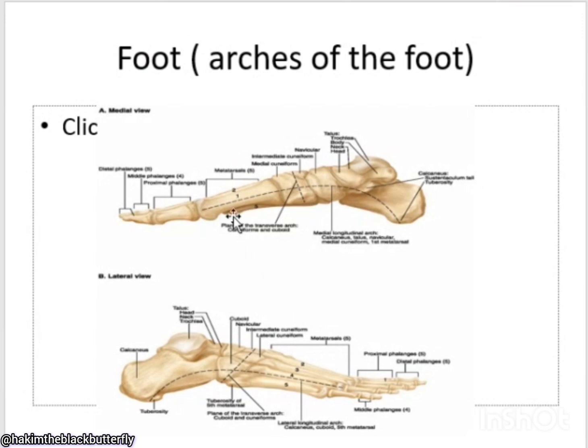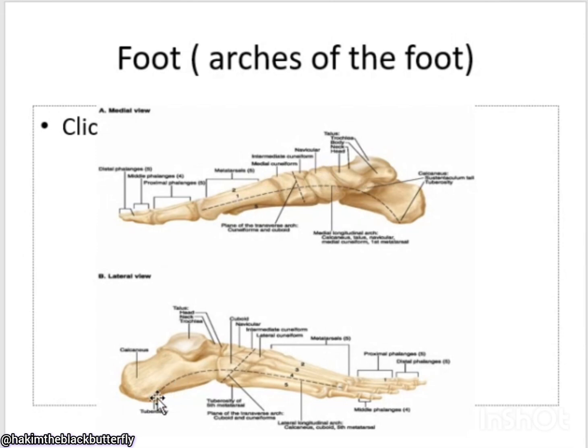But as you see, the medial longitudinal arch is more raised than the lateral longitudinal arch, and it has more bones. When you count them, the calcaneum is number 1, the talus is number 2, the navicular is number 3, the 3 cuneiform bones bring it to 6, and then metatarsals 1, 2, and 3 bring it to 9 bones.